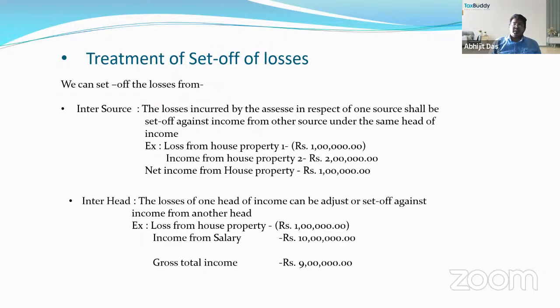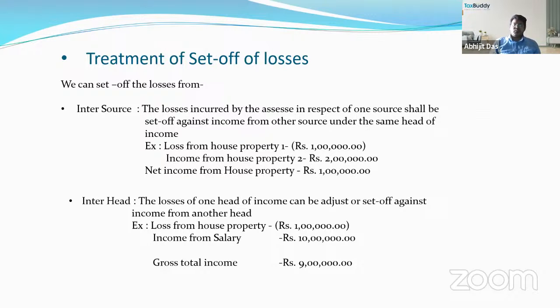The loss incurred by any assessee in respect of one source shall be set off against the income from another source under the same head of income. For example, loss from house property 1 is 1 lakh rupees, and the income from second house property is 2 lakh rupees. So the net income from house property will be rupees 1 lakh.